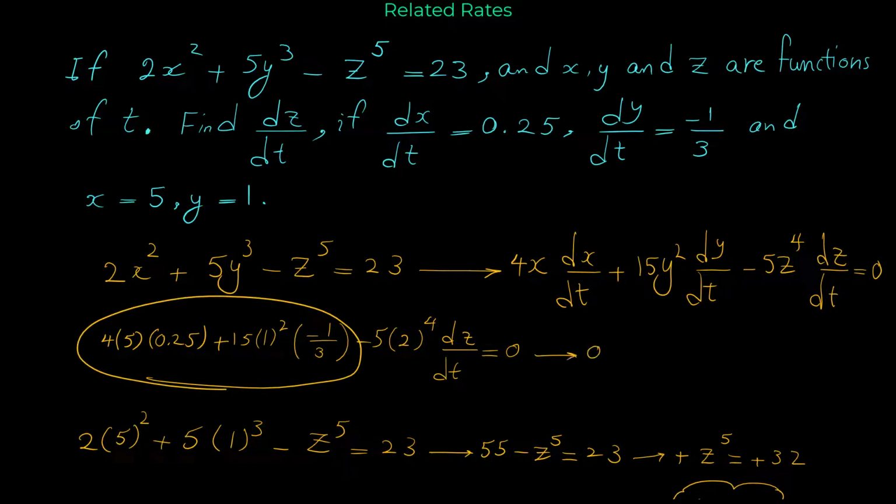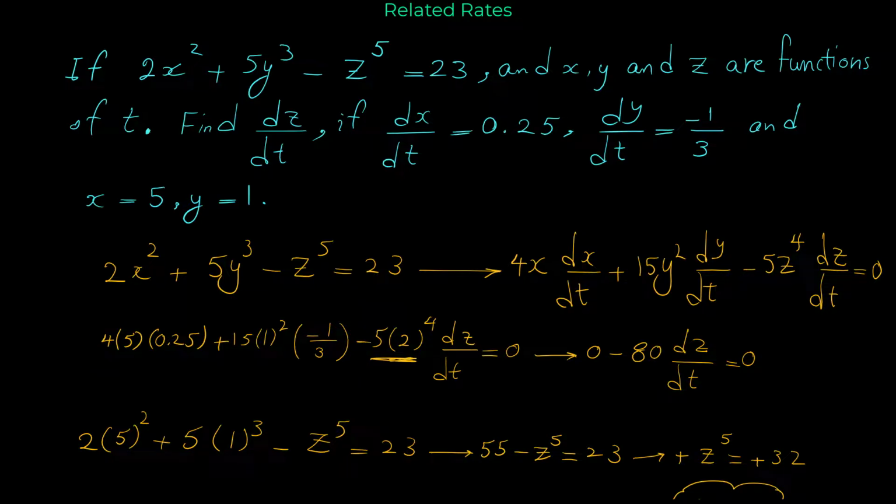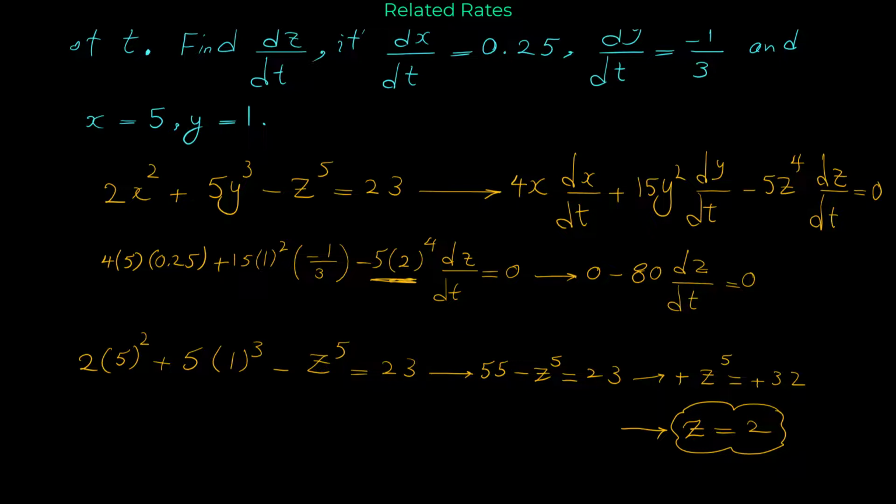Then we have 0 minus 5 times 2 to the 4. 2 to the power of 4 is 16. 16 times negative 5 is negative 80 times dz over dt equals 0. So we have negative 80 dz over dt is 0. If we divide both sides of the equation by negative 80, then dz over dt is 0.